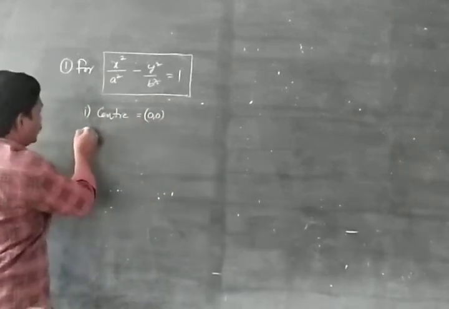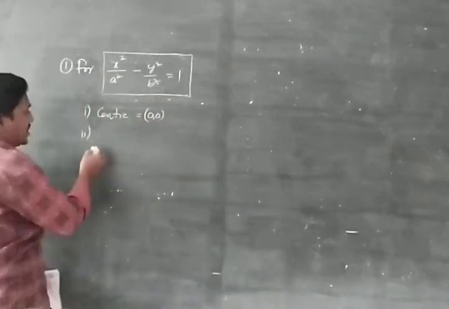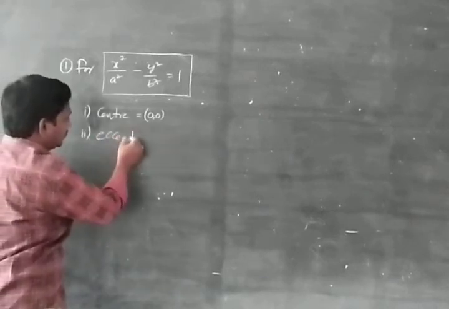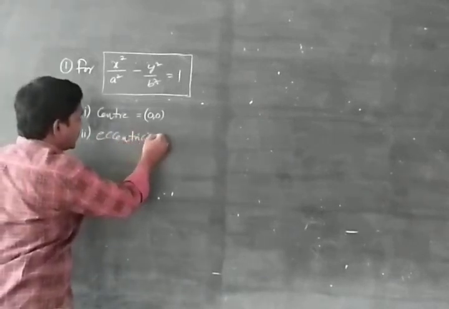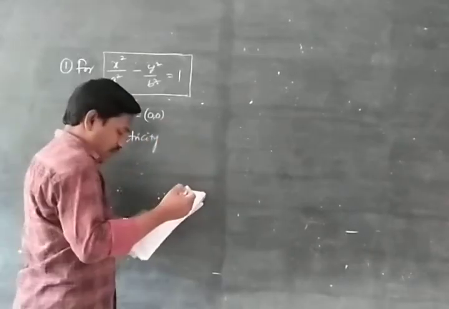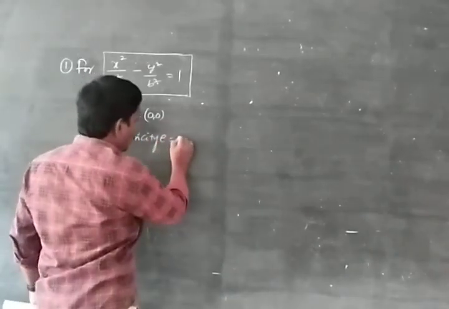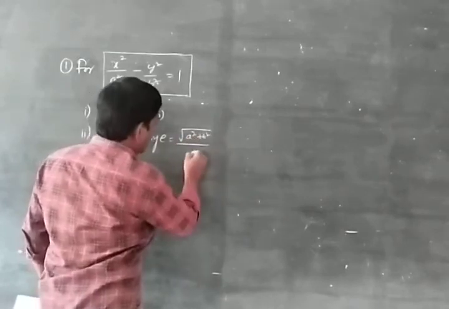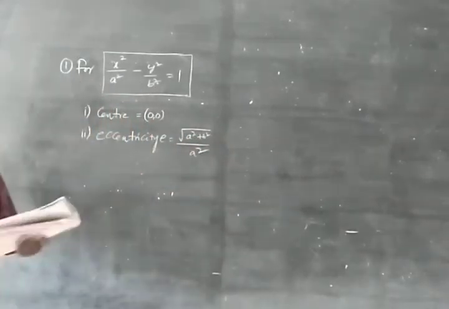And Roman number 2, eccentricity e equal to root of a square plus b square by a square. You know that, already we have completed.